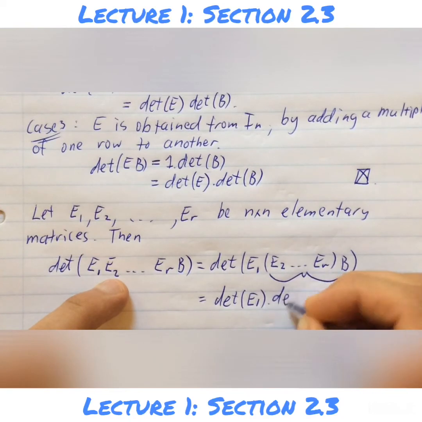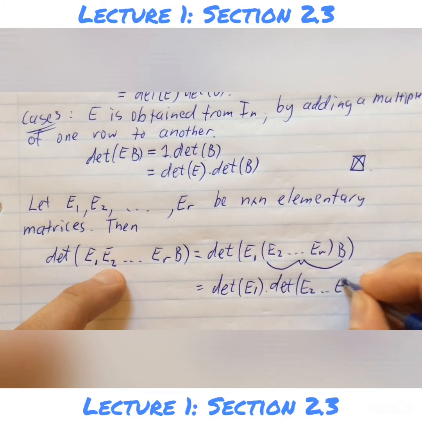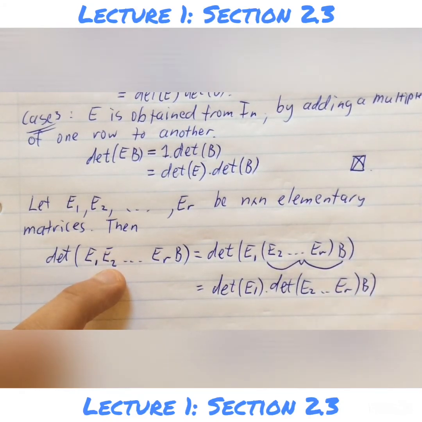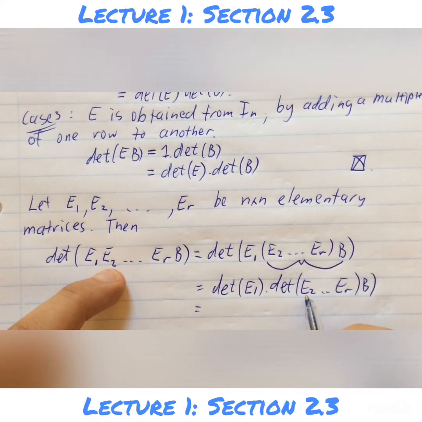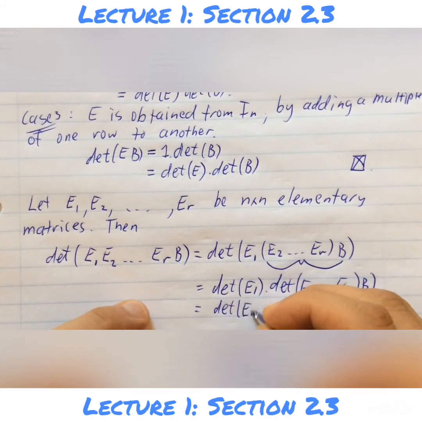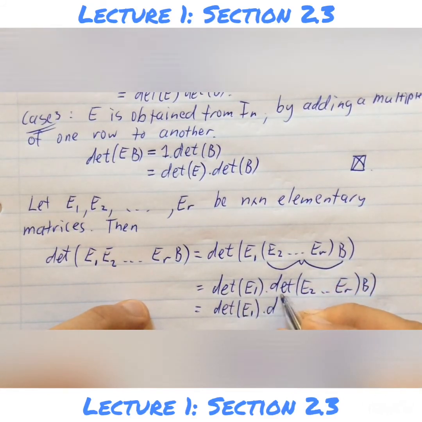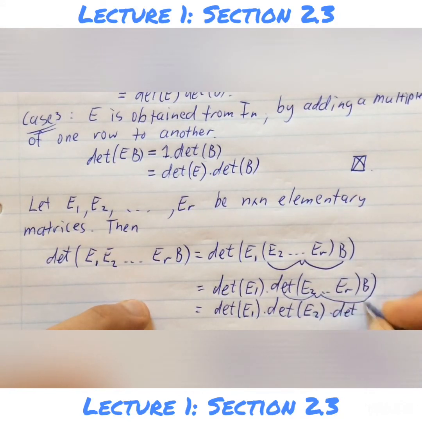Multiplied by the determinant of, all right, and then again you can group E2 with the remaining part of the product, and again apply your law to this product there, and you see that that is the determinant multiplied by the determinant of E3 through ERB.